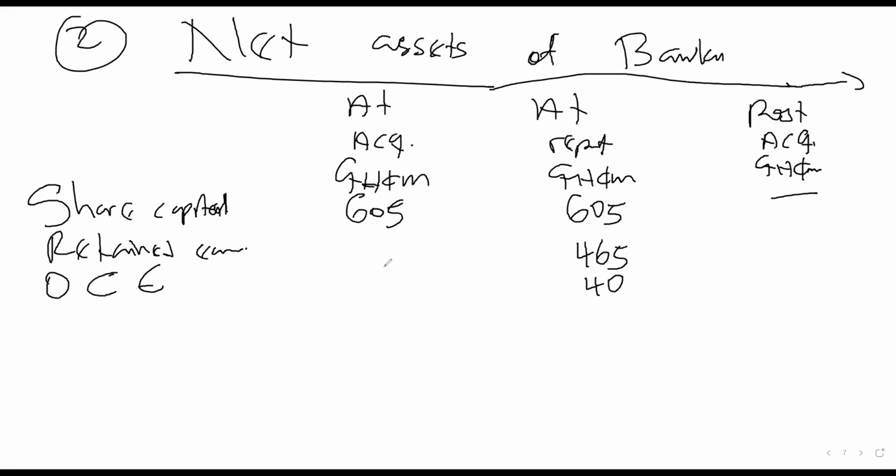So you can make this one note 2A, net asset of Boko. Note 2B, net asset of Tadi.